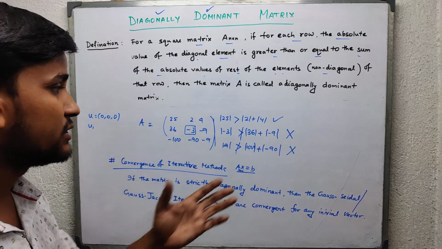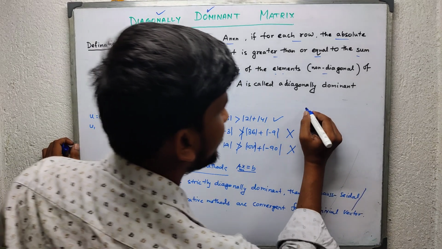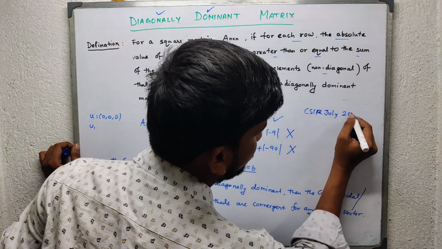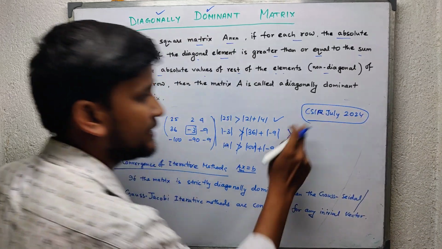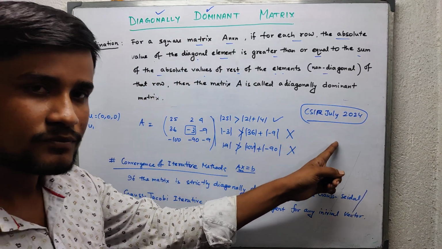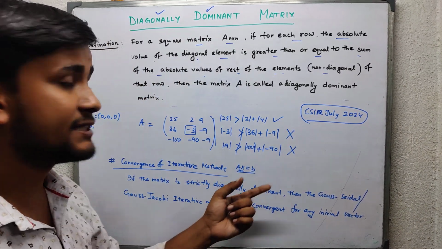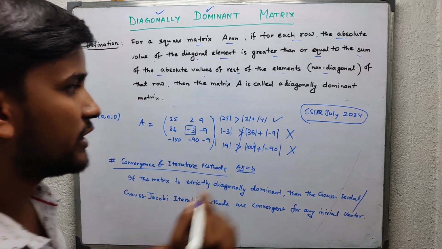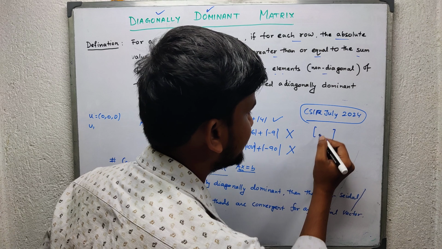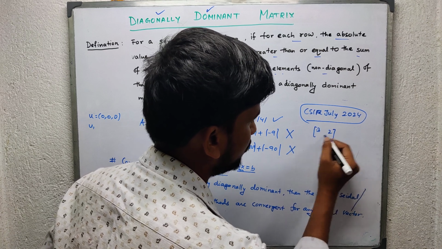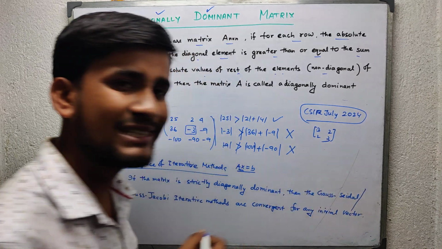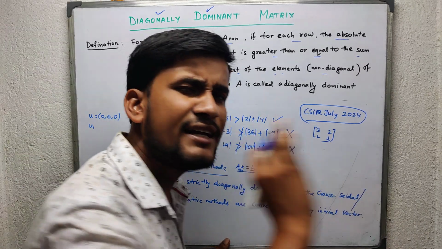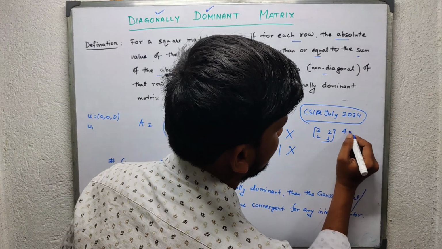Or sometimes you see questions like in CSIR NET July 2024. A 2 by 2 matrix was given, and you had to check whether the system Ax equal to B by Gauss Seidel method is convergent or not. Suppose the matrix was 3, minus 3, 2, 2, 3, something like that. It was a very simple question for 4.75 marks.